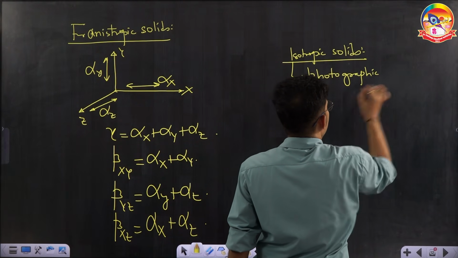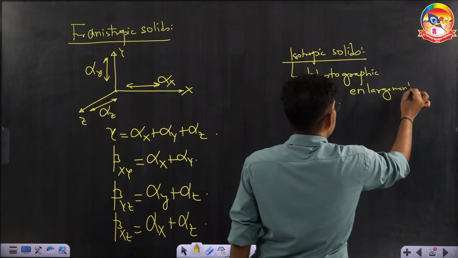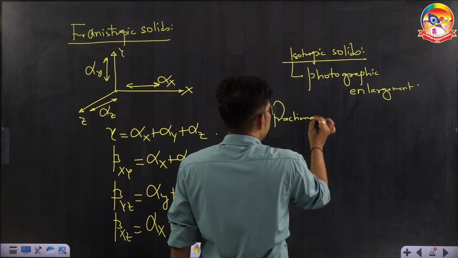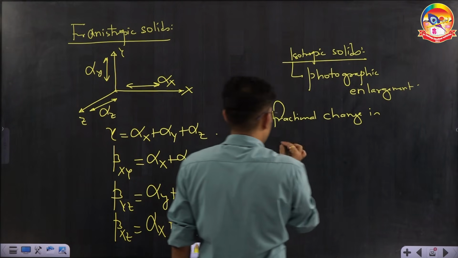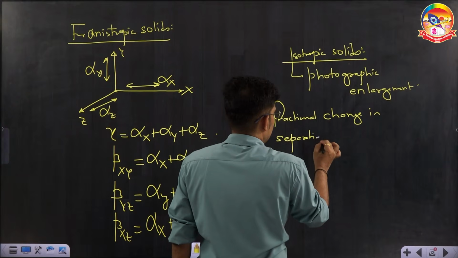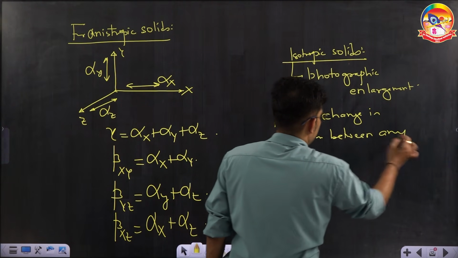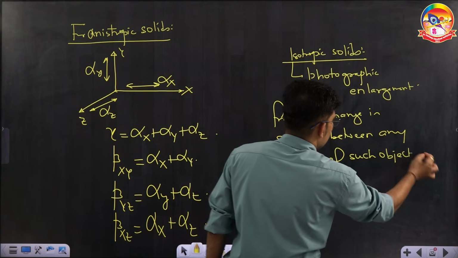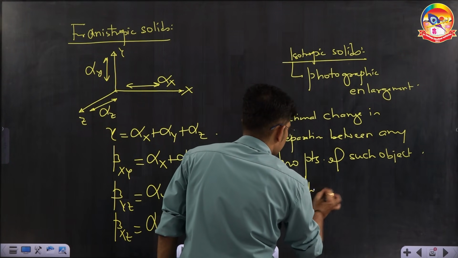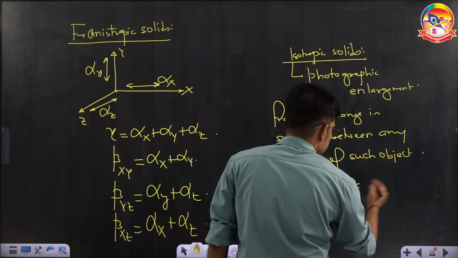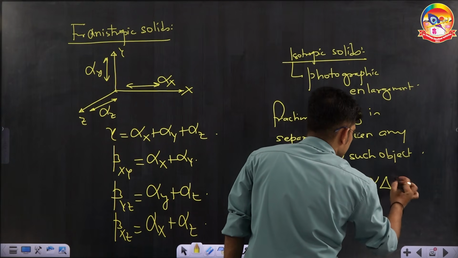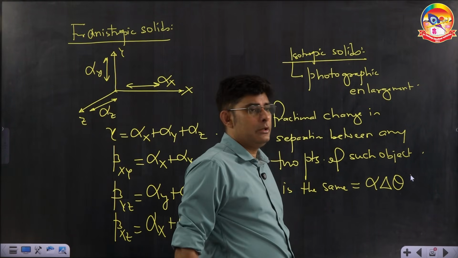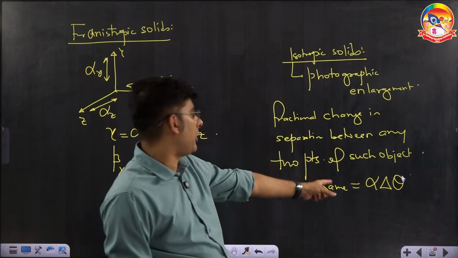Any two points you take on that object, the fractional change in separation between any 2 points, whichever 2 points you take, is the same and equal to alpha delta theta, or alpha delta t, whatever temperature change you are taking. So alpha delta t. This you will use. Remember, the fractional change in separation between any 2 points of such an object.